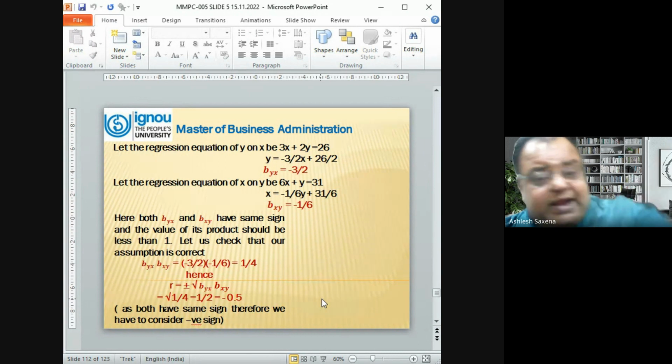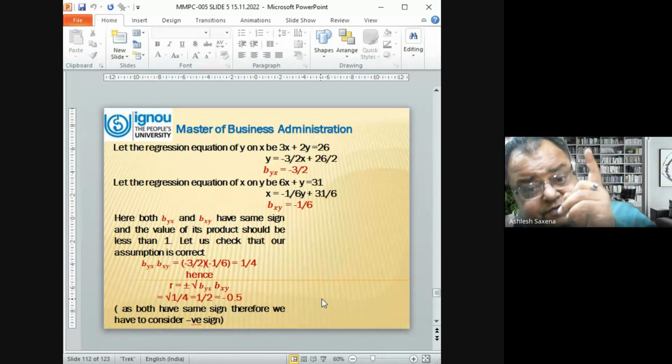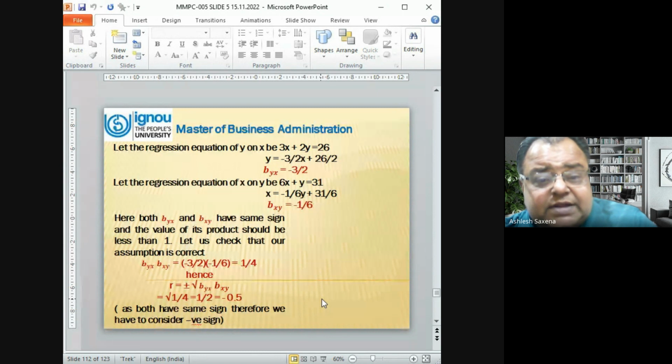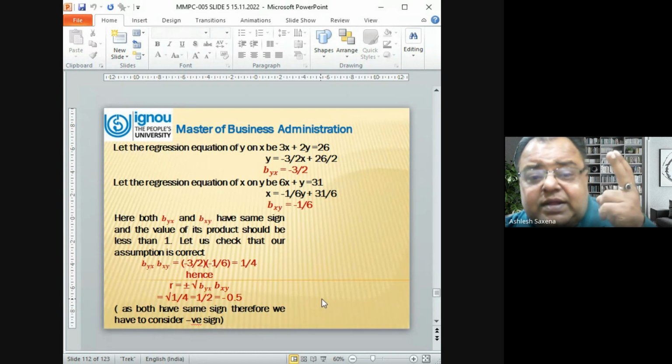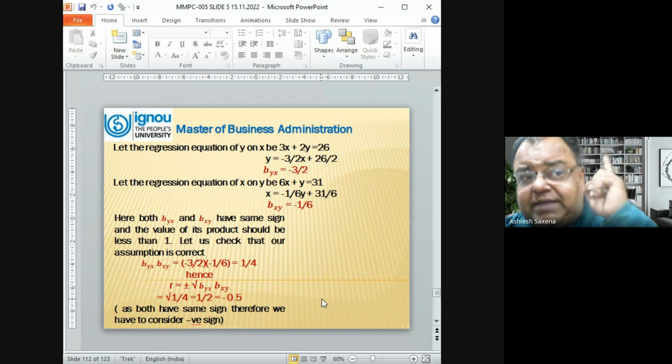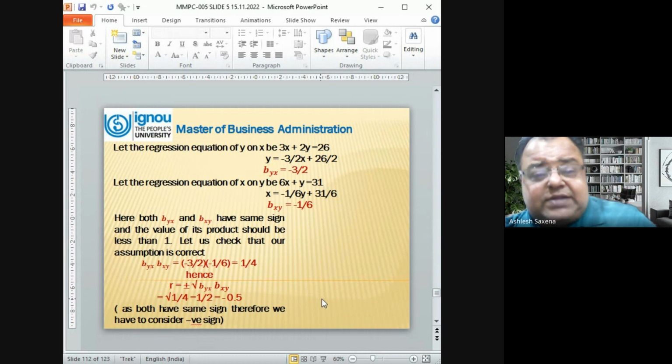And for the second equation, we will be converting that in terms of y. So here it will be bxy is equal to negative 1 by 6. You remember it? I told you the sign of byx and bxy will be same. Here you can see that minus 3 by 2 in the first case and negative 1 by 6 in the second case.